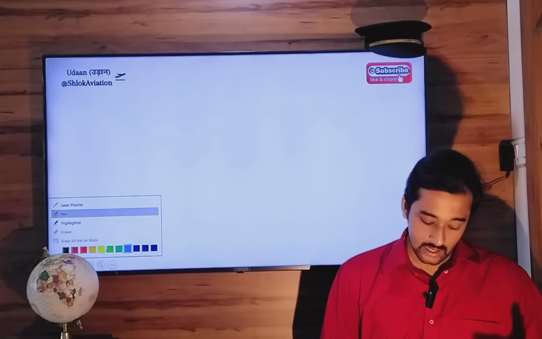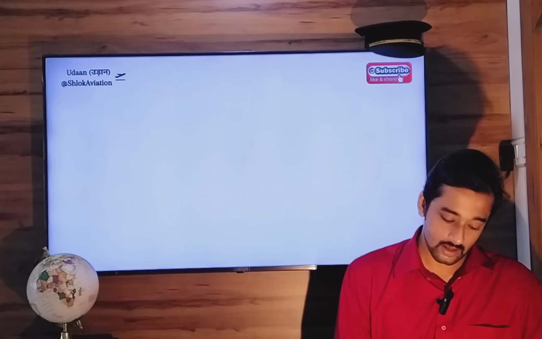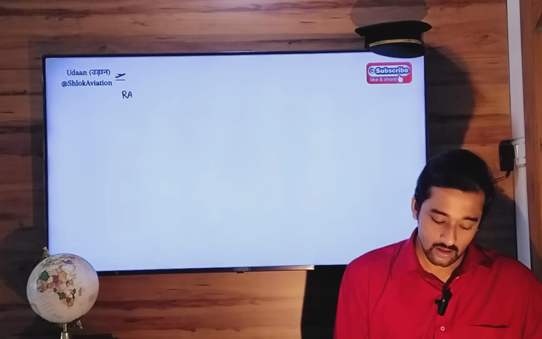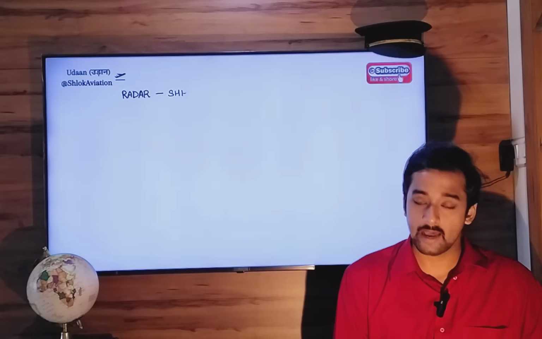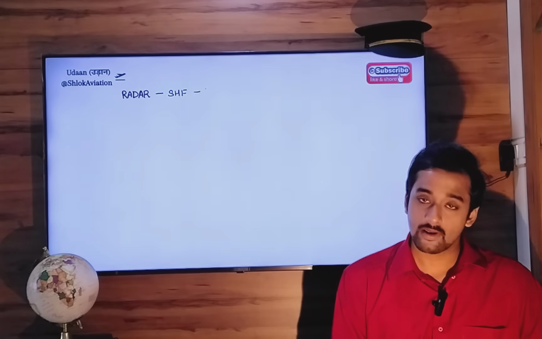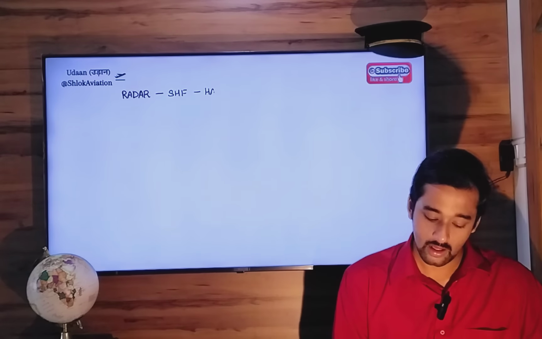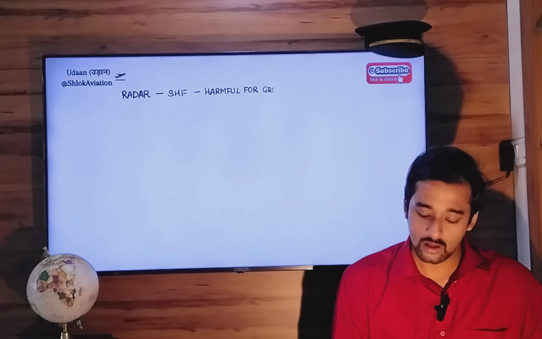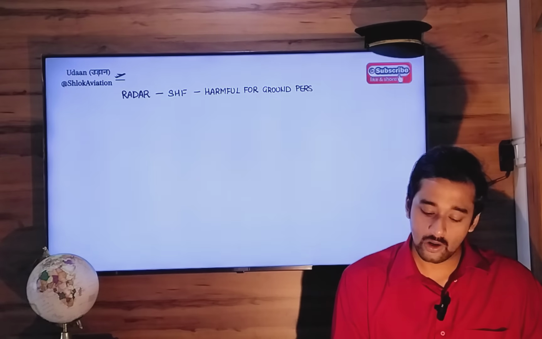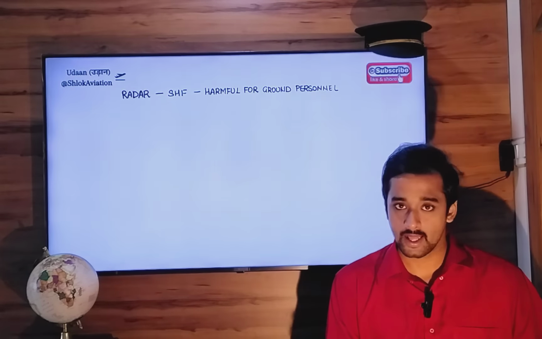Because this weather radar operates in the frequency band of super high frequency, and this frequency is harmful for ground personnel. Everyone on the ground, this frequency is harmful for their health.